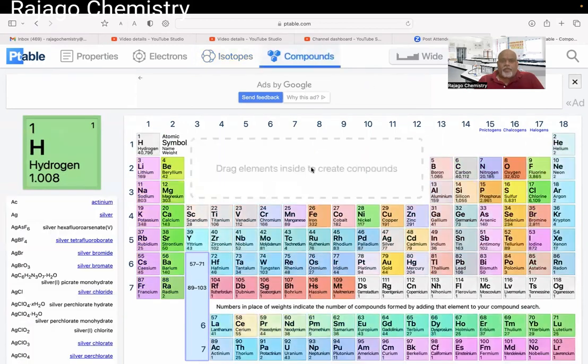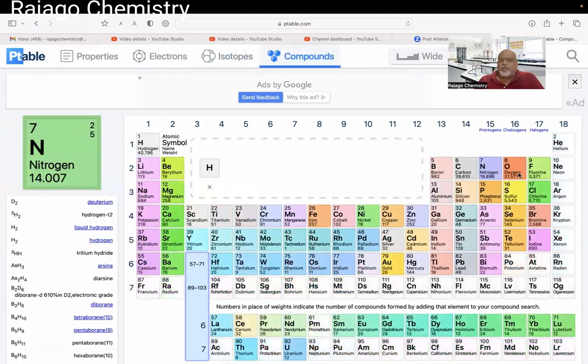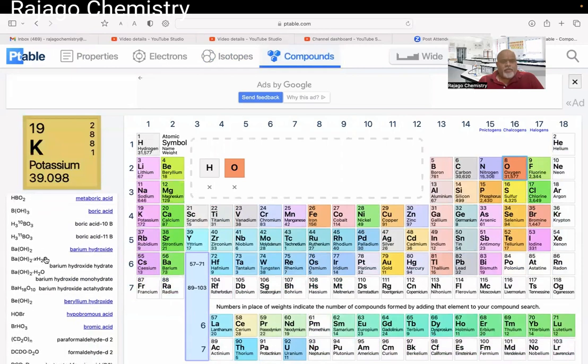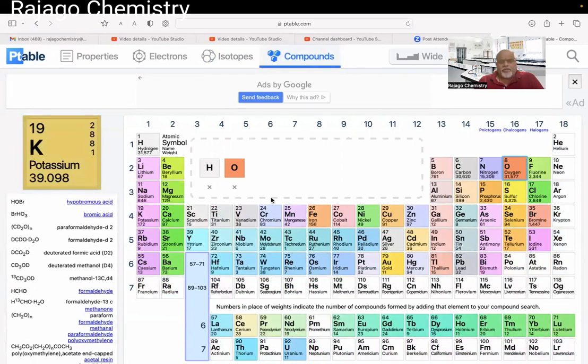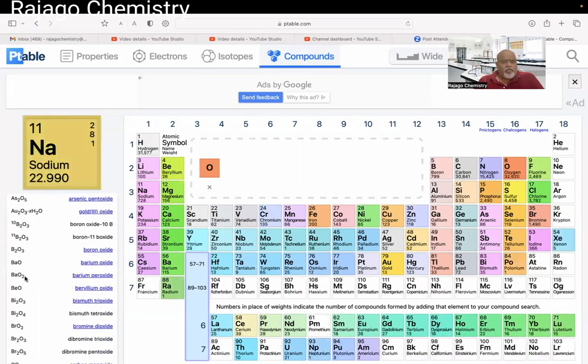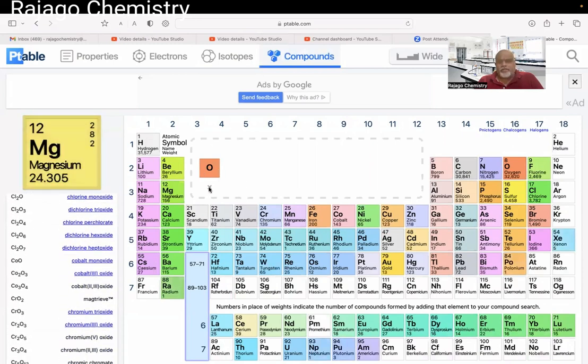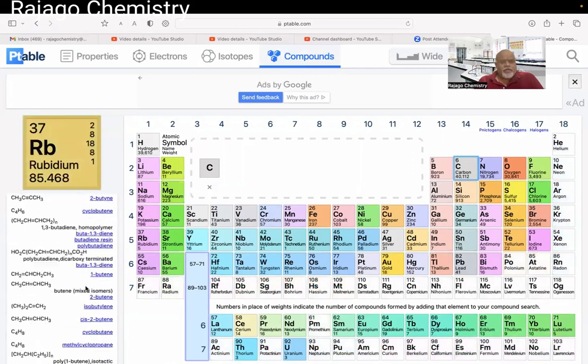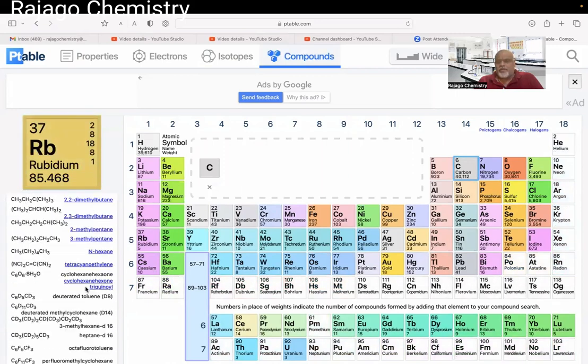And if you hit compounds, you can drag two elements, say hydrogen and oxygen, and see how many compounds can be formed from hydrogen and oxygen. Or you can keep only oxygen and see how many compounds oxygen can form. If you drag carbon, millions of compounds carbon can form.